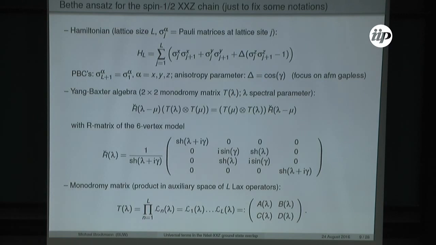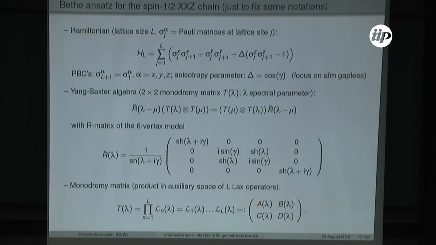As you know, there is an algebraic Bethe ansatz structure for this model. There is an R matrix which allows for the RTT equals TTR relation, and is written in terms of the anisotropy gamma and the spectral parameter lambda in this way. Then you define a monodromy matrix as a product of L many Lax operators, which can be written as a 2 times 2 matrix.